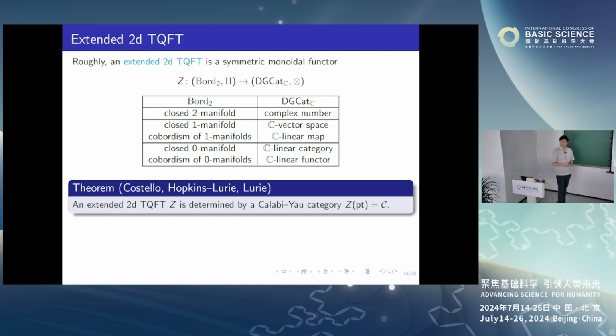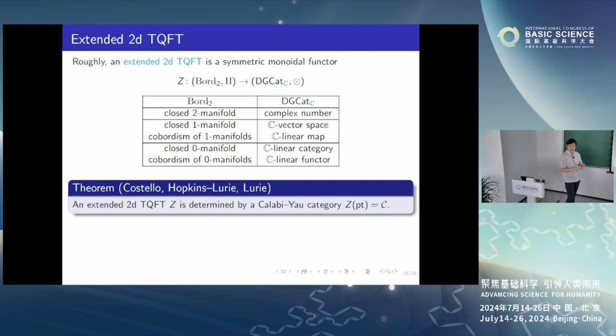What is known as a theorem in this context is a classification result. It says that such an extended 2D TQFT is determined by what is called a Calabi-Yau category, which is what you assign to a point. So in the previous slide, your usual 2D TQFT was determined by what you assign to S1. But now it's even more local. The locality of physics is essentially the reason why this works out.